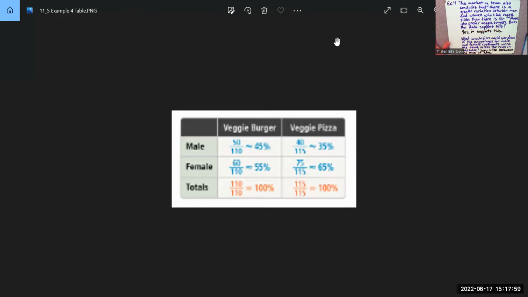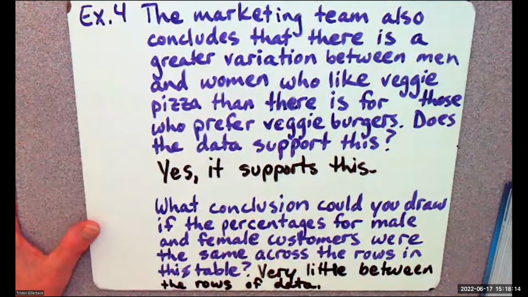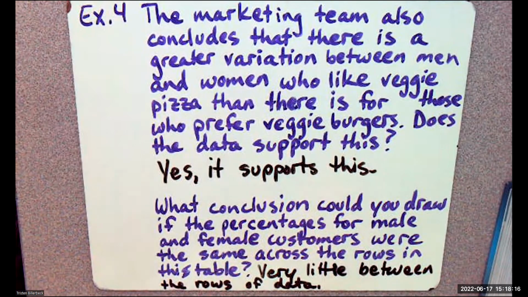Okay, so I'd probably go with, based on this data, since everything else was very close, supporting the veggie burger on the menu. So that's what we're going with.